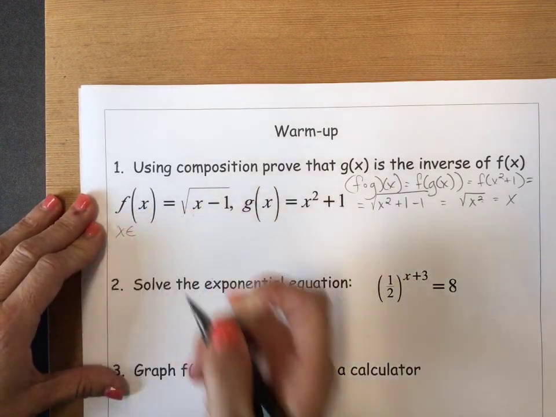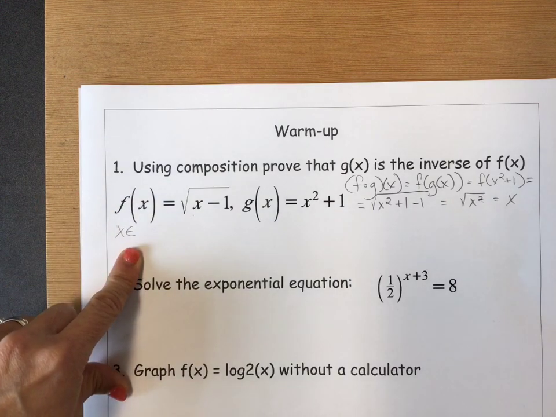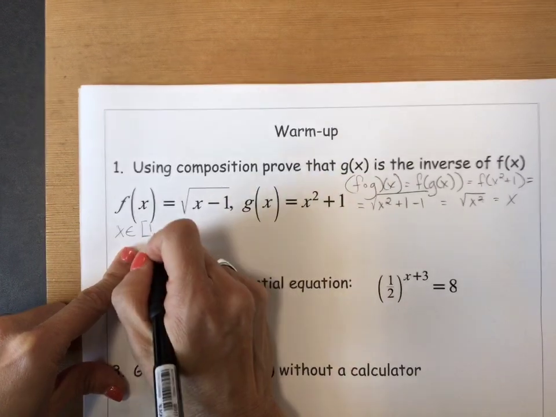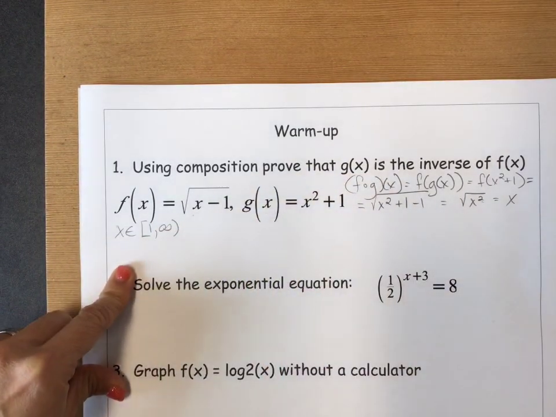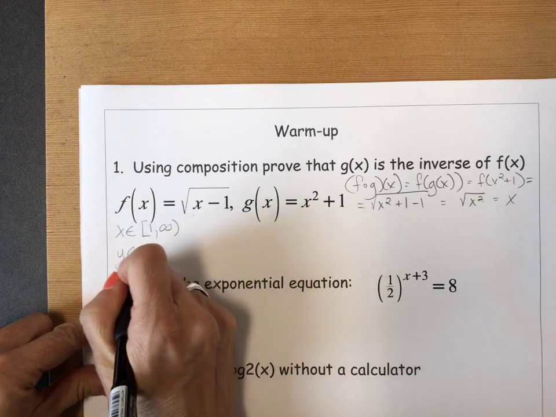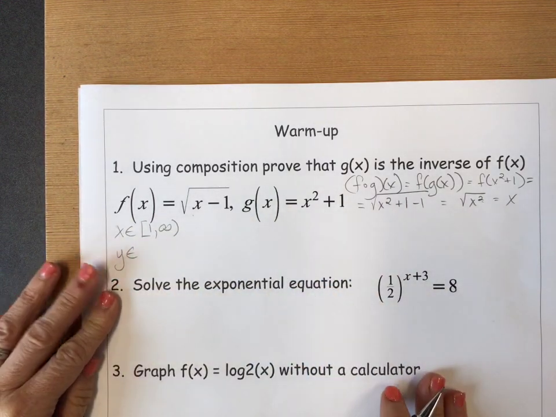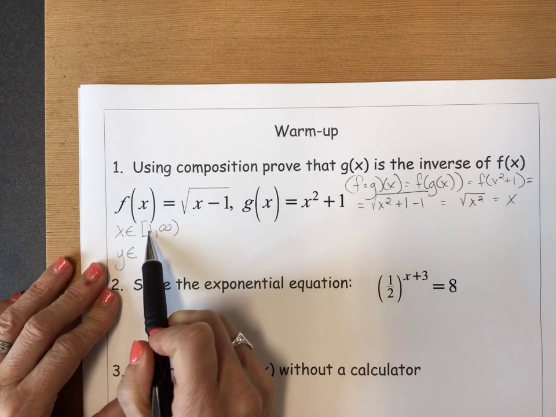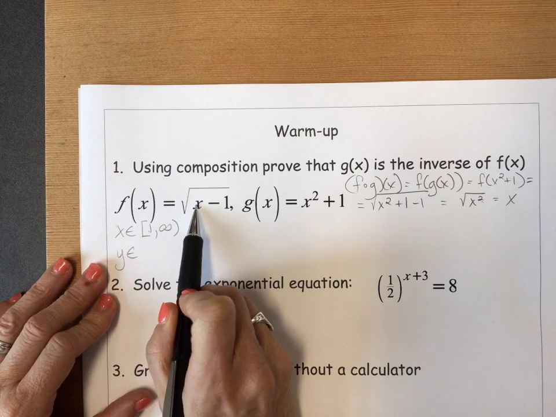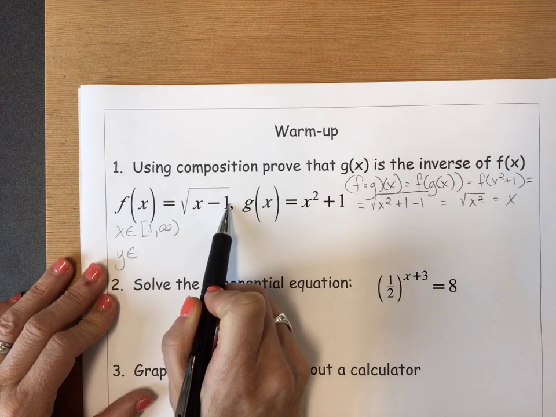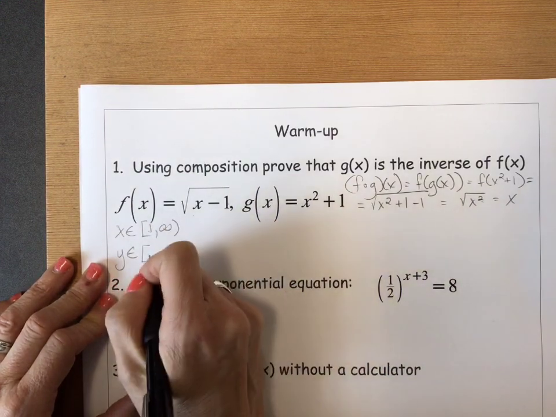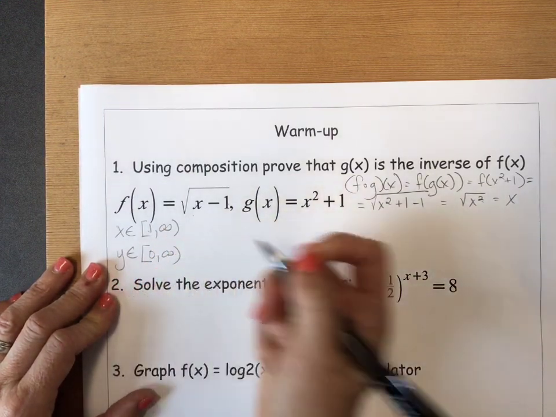My domain for f of x has to be everything greater than or equal to 1, because I can't take the square root of a negative. The range is a little harder to find, but it has to do with the graph, or if I plug 1 in for x. If 1 is my minimum value for x, what's 1 minus 1? What's 0? What's the square root of 0? It's 0. So my range is 0 to infinity.